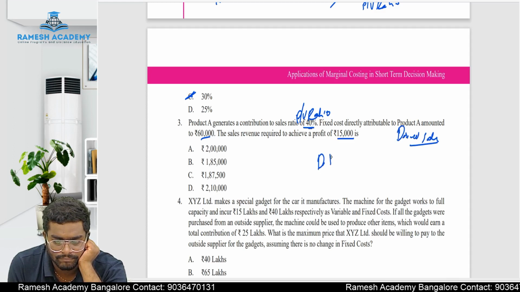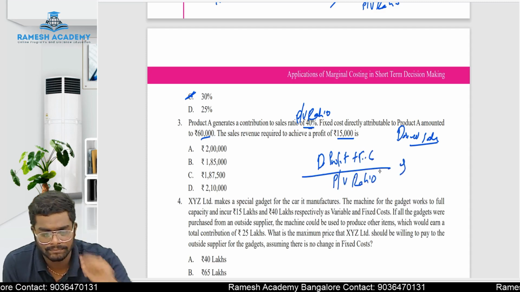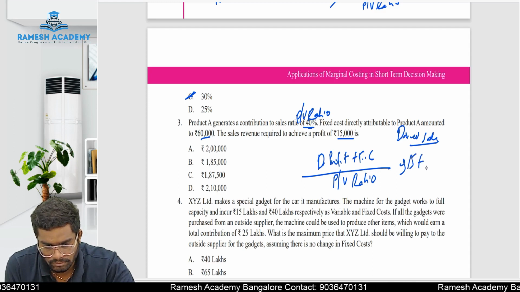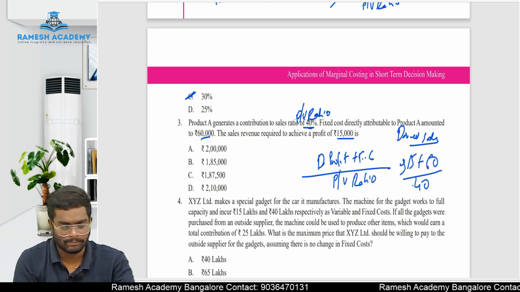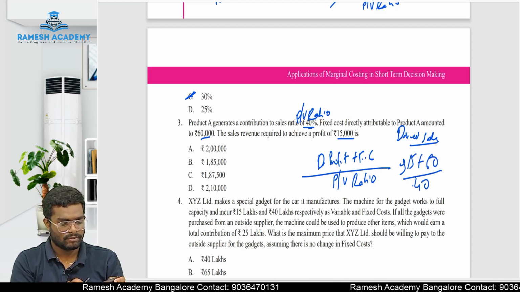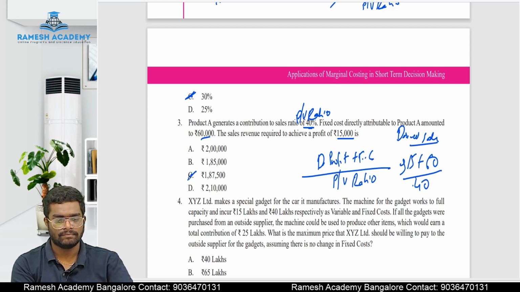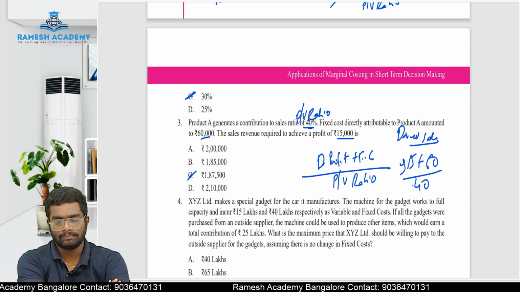Desired profit plus fixed cost divided by PV ratio. So desired profit is 15,000, fixed cost is 60,000, total will be 75,000 divided by 40%, which is 1,87,500. Simple. All simple questions. Please try.